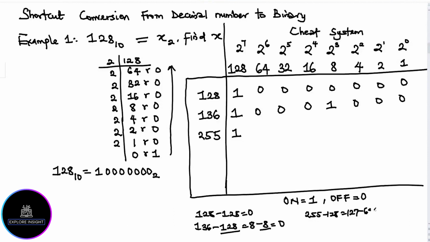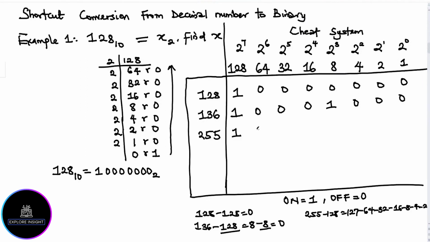I can use 64. I can use 32. All that. In the simplest way to go about it, it means I'll be using every value there. So at the end of the day, I'll have all 1s.